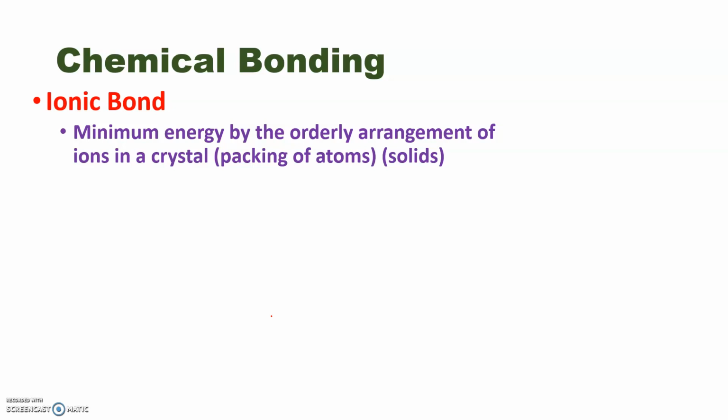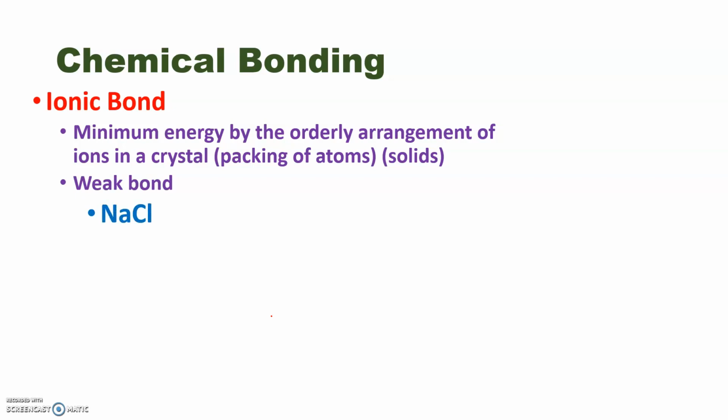So opposite charges are closer, similar charges are far apart. Now, individually, the force between the atoms holding them together is weak. The ionic compounds get their strength in numbers because when they pack in crystals, there are so many of them, a lot of little weak forces add up to a very strong crystal.